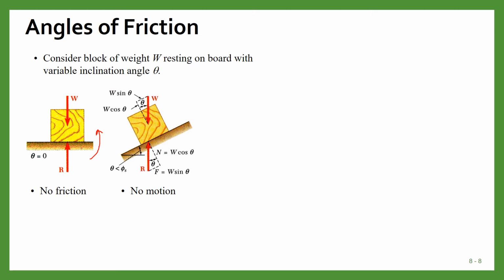Initially there will be no motion. Now we can break the forces into components. So this force is W sin theta, this force is W cos theta. Similarly we have N equal to W cos theta because this will balance, and F will be equal to W sin theta.